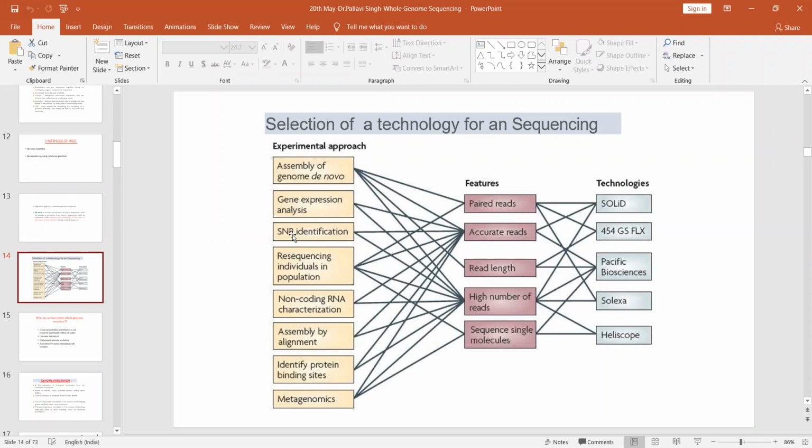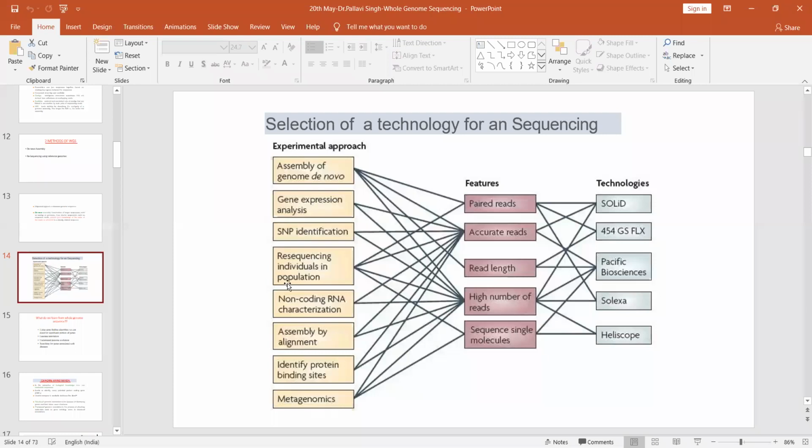When you have generated the contigs of different sizes, you can compare them with known homologs and see where there is a change in a particular base compared to a second genome. So when I compare two genomic sequences, I can identify at what positions those sequences differ by means of SNPs.